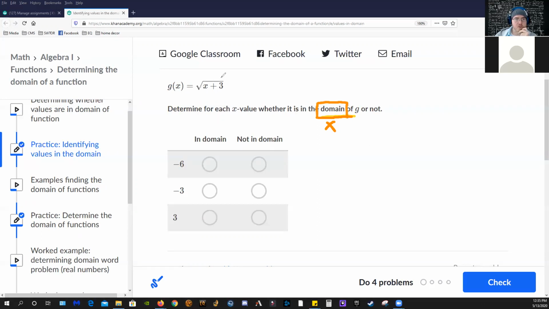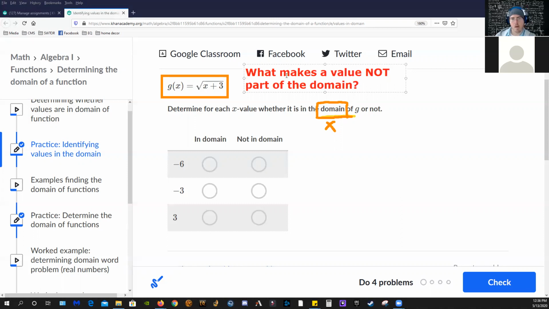And when we get a function like this over here, there's two main ways that it's not going to be part of the domain. So just to explain my thoughts, what would make something not part of the domain?